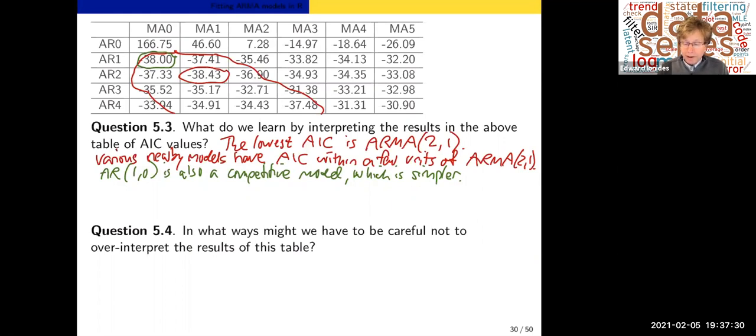Okay, when you're doing AIC, you have to be careful not to overinterpret the results of the table. And so let's practice writing something for that. Here's, I guess, one new consideration we haven't seen before, which is that AIC comparisons, like any model comparisons, in fact, any numerical model comparisons, cannot tell us if all the models are bad.